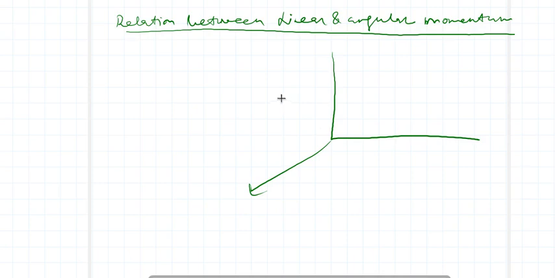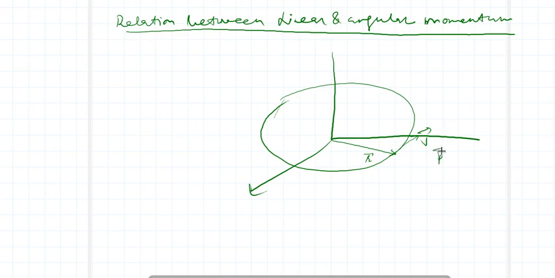Say a particle is at a point r, the position vector is this, and it is moving along this, and this is the velocity of the particle. Momentum is also along the velocity vector, because momentum is equal to mv. So this r and this p both make an angle theta.